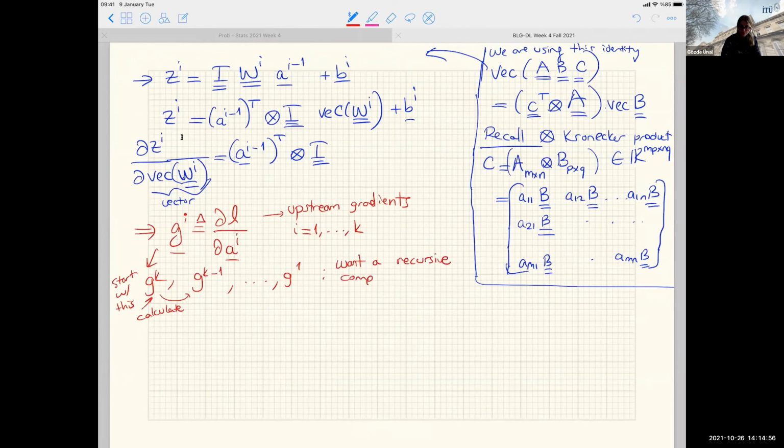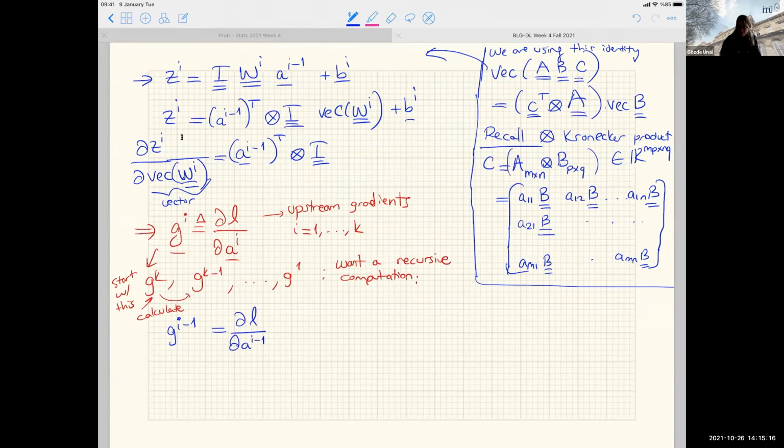Let's see. What I can do is g_{i-1}, it's already defined to be the derivative of the loss with respect to del A_{i-1}.